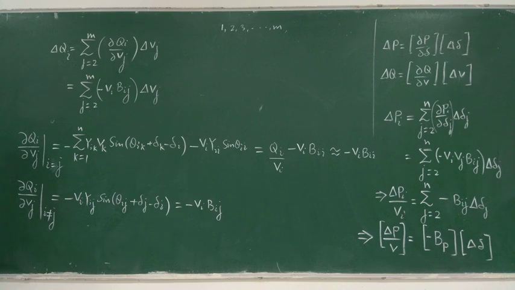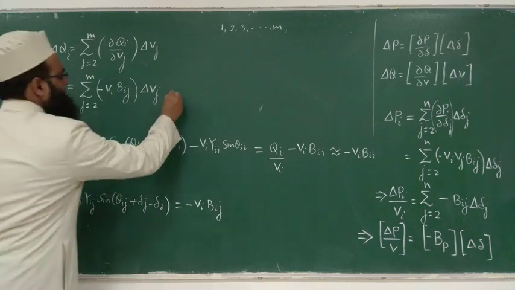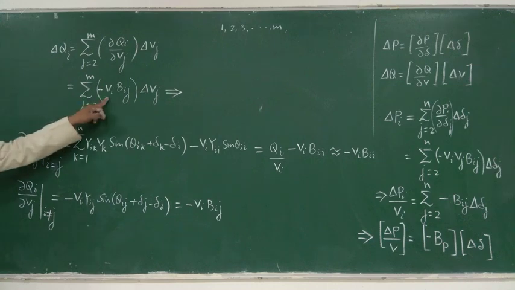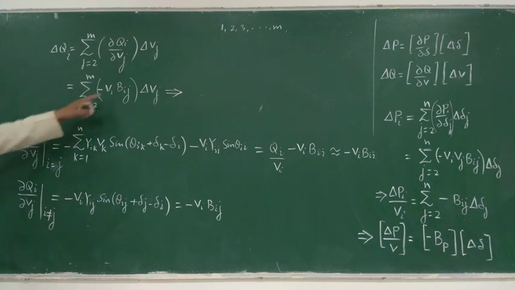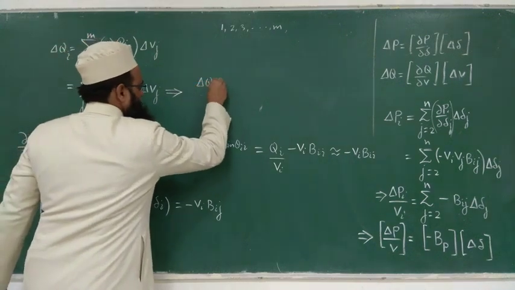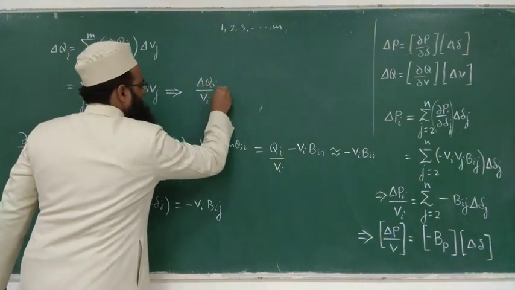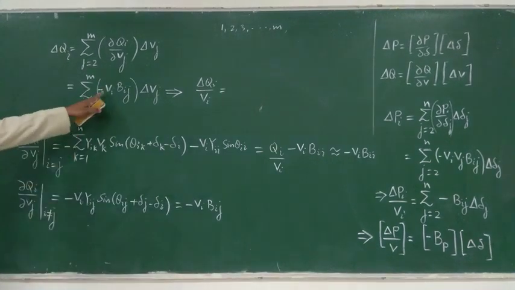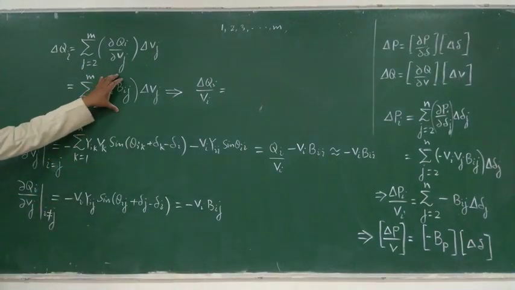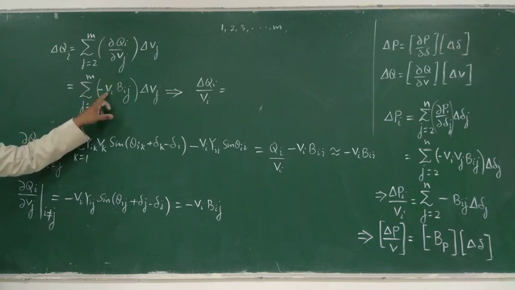So that can further be written as, take all ith bus quantities together, so del Qi upon Vi will be equal to, this Vi is gone. So we will get again one constant. Yes, the only variable is this.